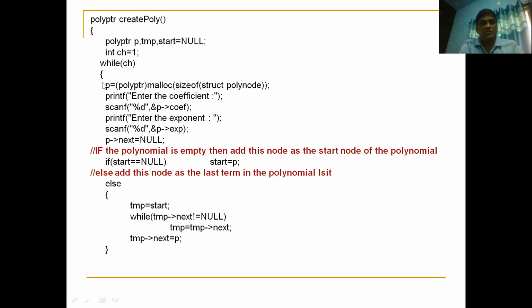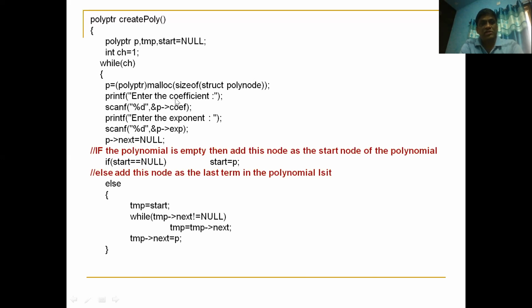And in each iteration, we create a node by using the malloc function. p = (polyptr) malloc(sizeof(struct polynode)). So this will create a single node with name p. Then we read the information about coefficient and exponent.